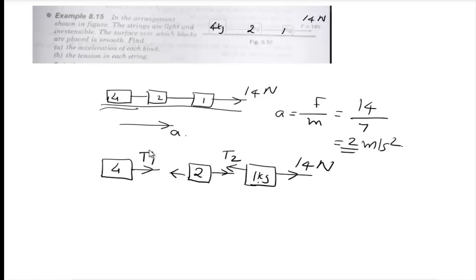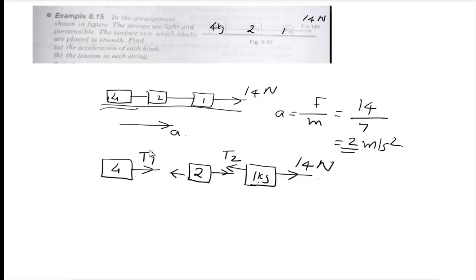When we are pulling it in the forward direction, this 1 kilogram will apply a force T2, right? It is giving a forward force. Because of that, the 2 kilogram gives a reaction force. And what about this 2 kilogram? It will give a force to the 4 kilogram and the 4 will give a reaction force.